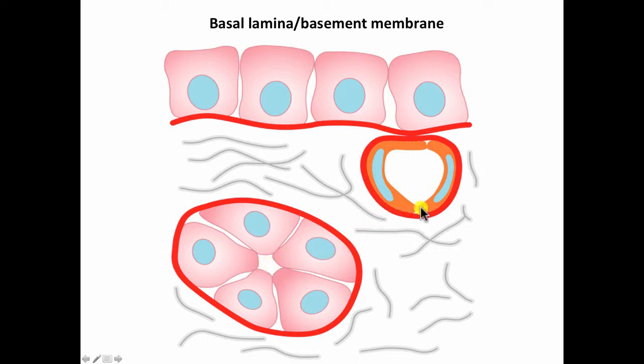And this diagram here shows what a simple squamous epithelium would look like lining blood vessels. They all sit on a basement membrane, and they all have a lamina propria underneath that basement membrane.